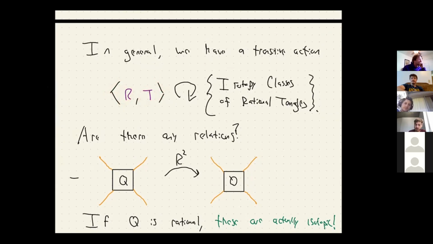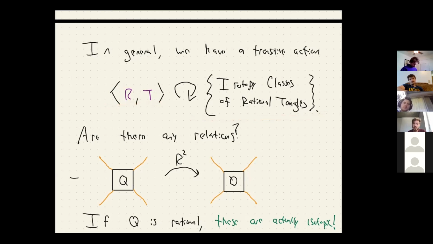And this is a transitive action because of that result earlier that said that all rational tangles can be obtained from just our trivial tangle by a finite sequence of rotations and twists. So this is setting up a correspondence between words in this free group on 2 letters, and isotopy classes of rational tangles.